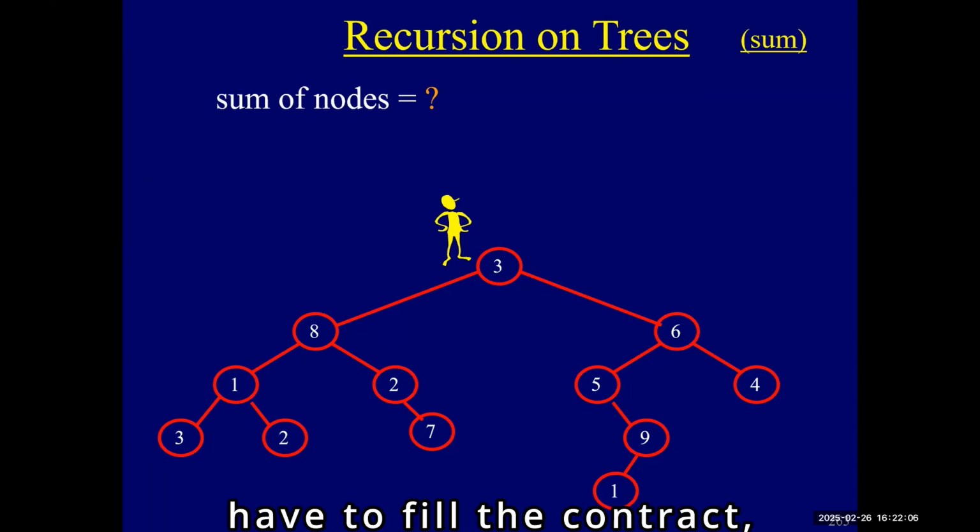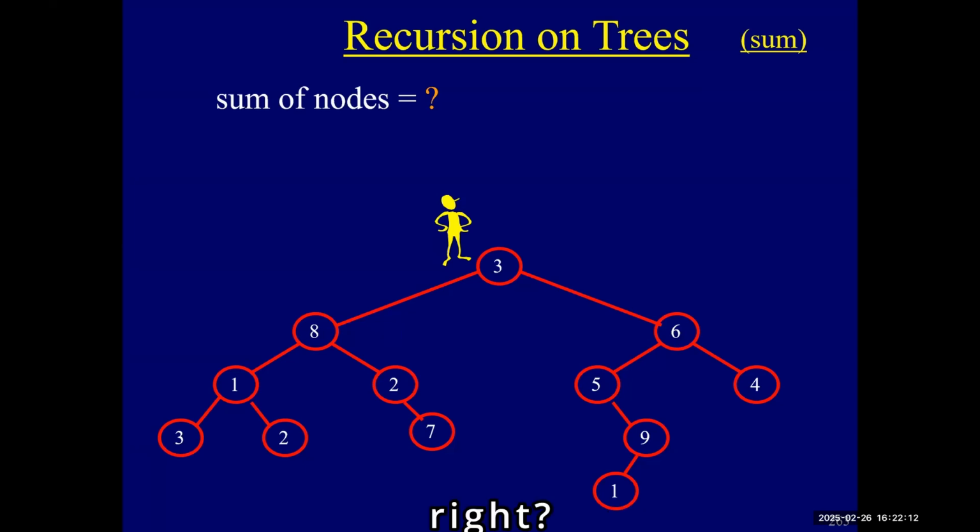But then I also have to fill the contract, compute the extra information to give my boss. Whatever I ask my friends to do, I have to do as well. Everybody get that? All right, so in this case, we want to know the sum of the numbers.